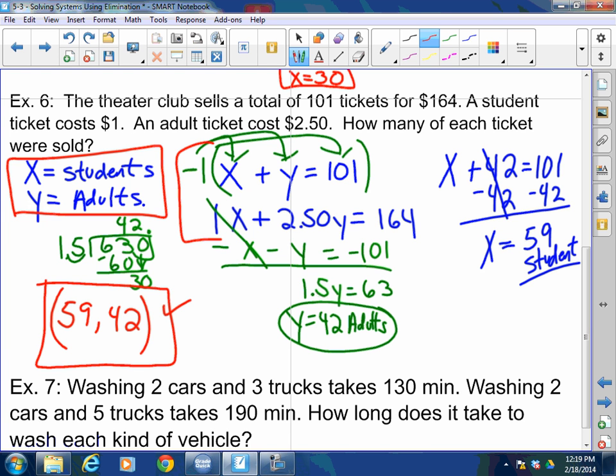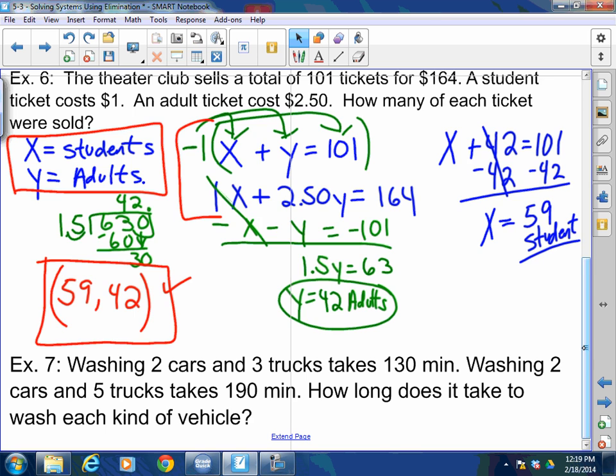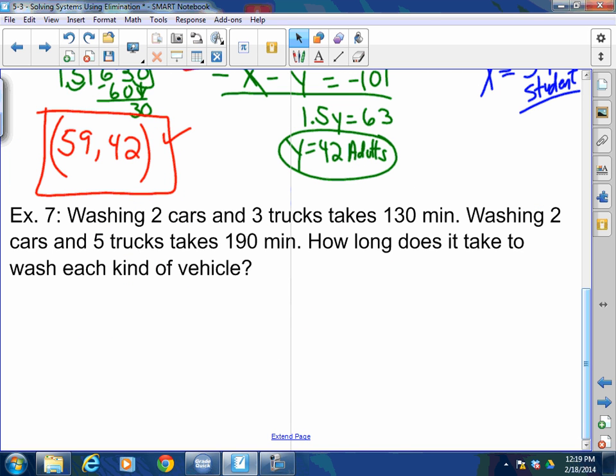Talk to me, my friends. How are we doing with this? Okay. Next and last. Alright. Washing 2 cars and 3 trucks takes 130 minutes.